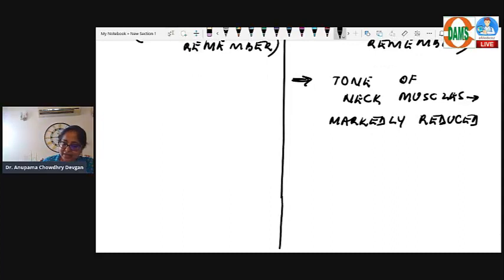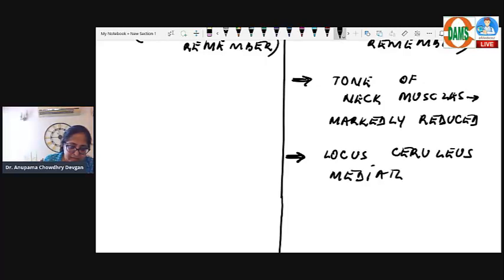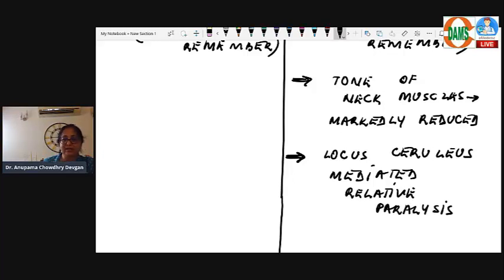All right. Next, in REM sleep, there is a locus ceruleus mediated relative paralysis which is seen in REM sleep.